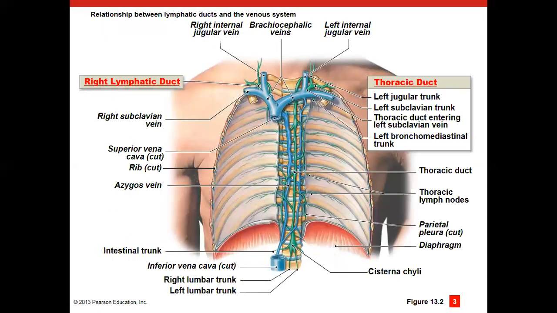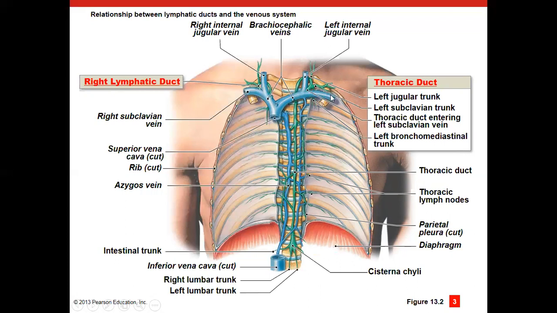So take a look. Right here is the thoracic duct, but it starts down here. This is the cisterna chyli, that big swollen pouch at the beginning of the thoracic duct, and then it runs all the way up through the thoracic cavity. Look at all these lymph vessels draining into the thoracic duct. And this basically takes a little turn and then heads right into the subclavian vein, which is right here.